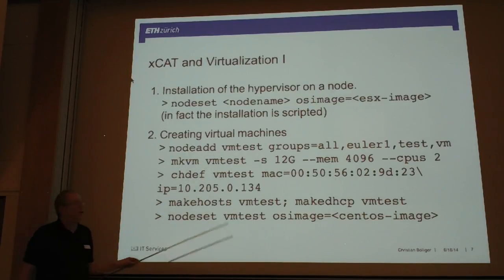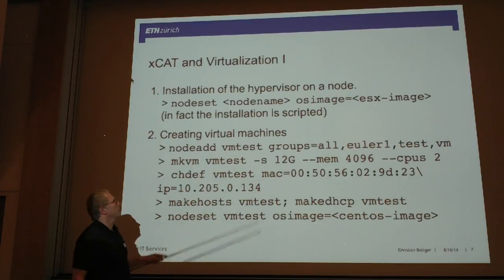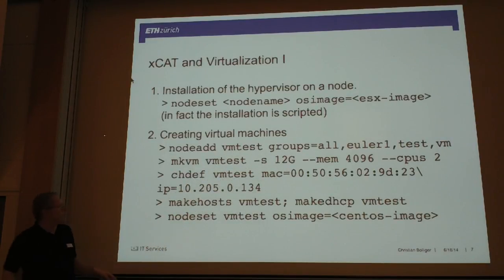It's the same command. Groups is a typical feature of XCAT. You have kind of groups or tags where you put your machines in. So all VMs have the tag VM in our case. And then you make your VM also over.